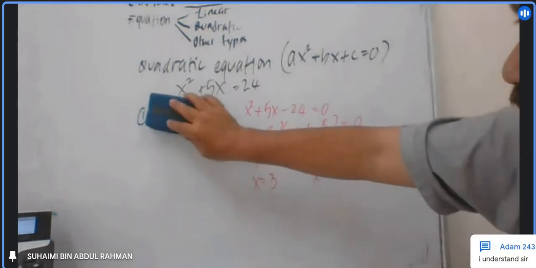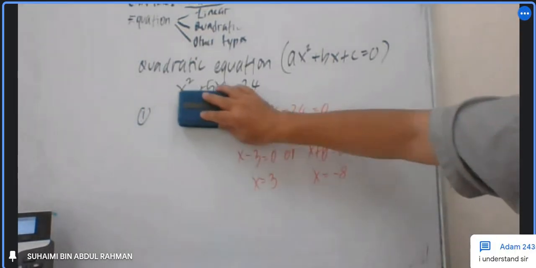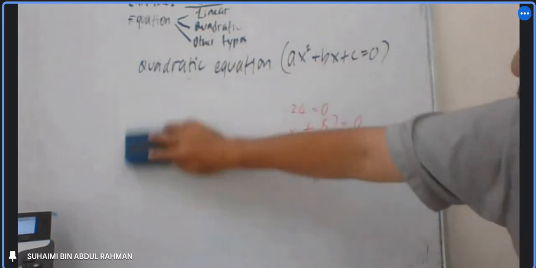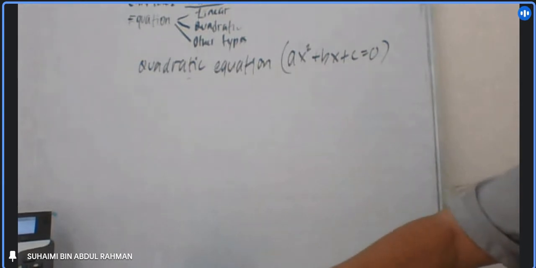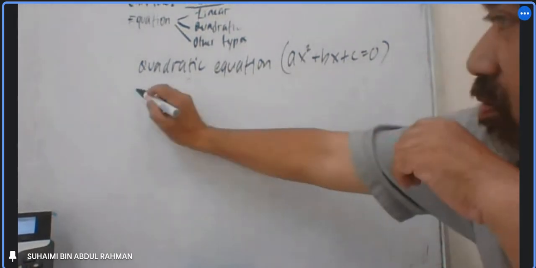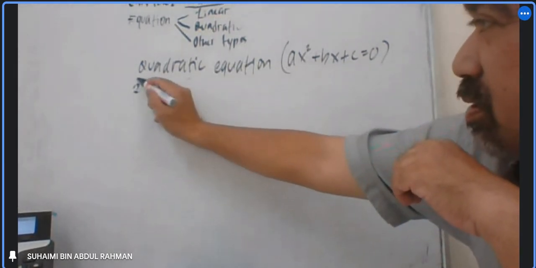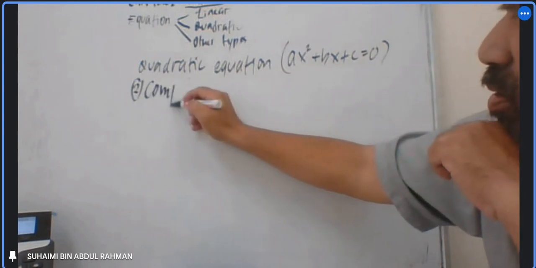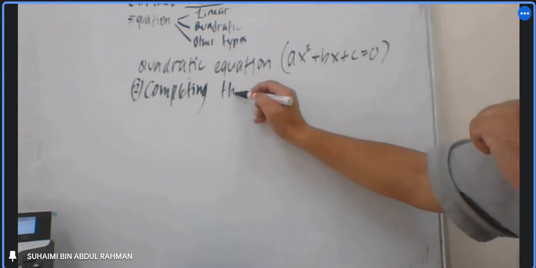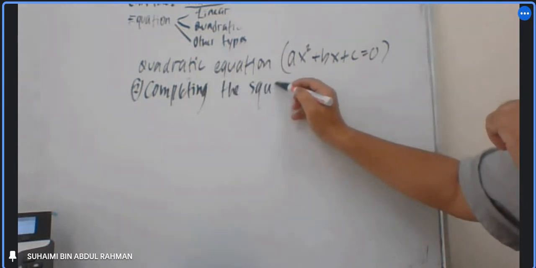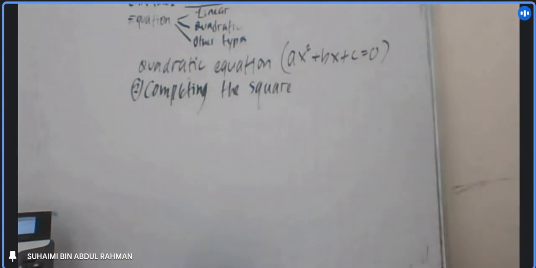The second method is using completing the square.